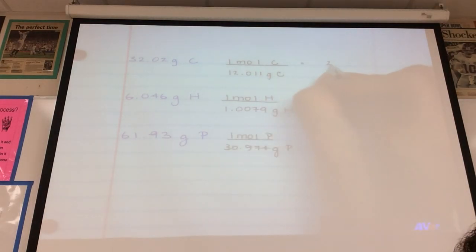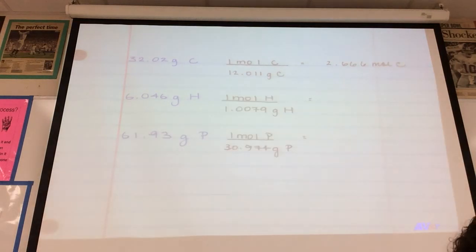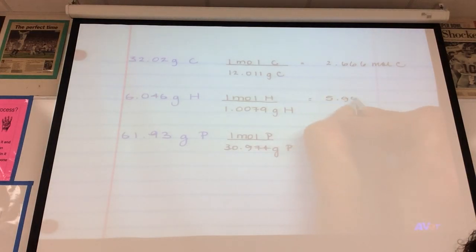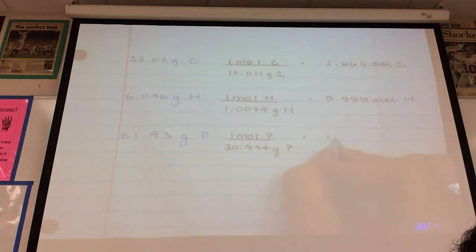And we have 2.666 moles of carbon, 1.999 moles of hydrogen, maintaining my sig figs, and 1.999 moles of phosphorus.